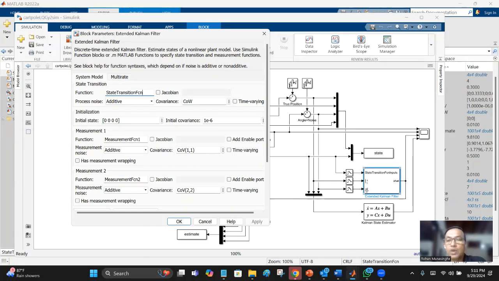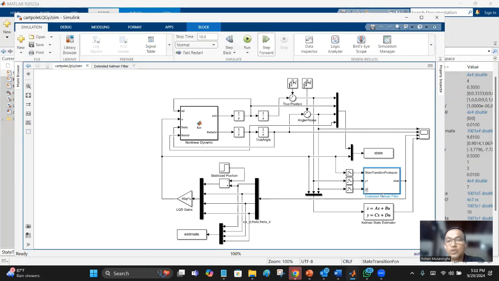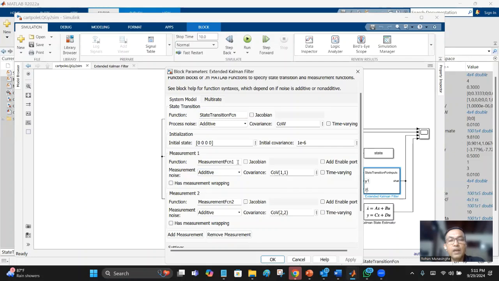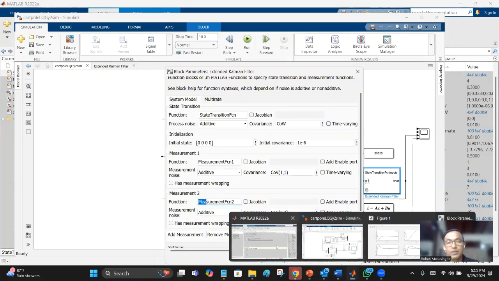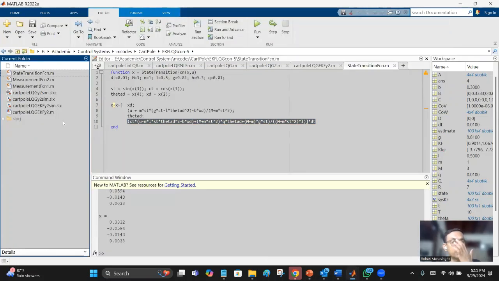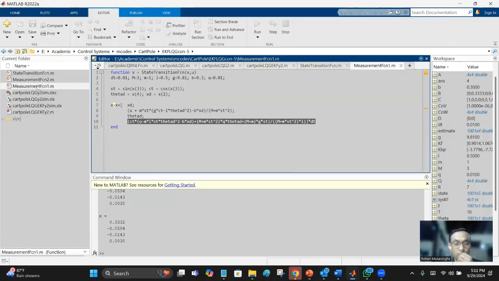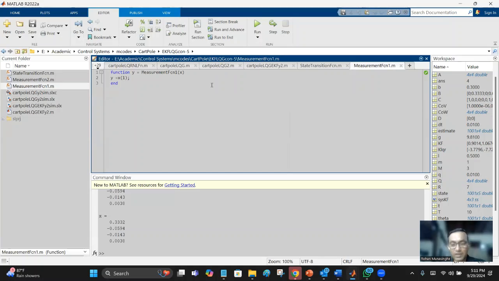If you look at the two other inputs, the two measurements, they are coming as two other MATLAB codes, measurement 1 and measurement 2. If you go to MATLAB, you can see the two measurement functions. Let me first take measurement function 1. I'm opening it up. It is very small, just 3 lines.